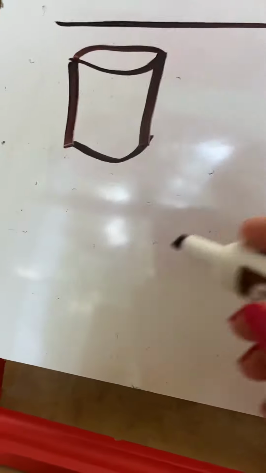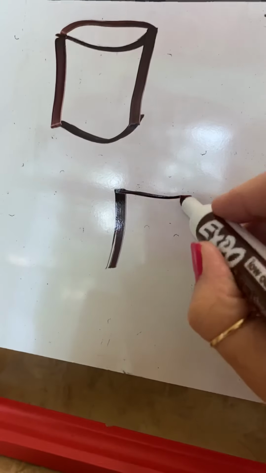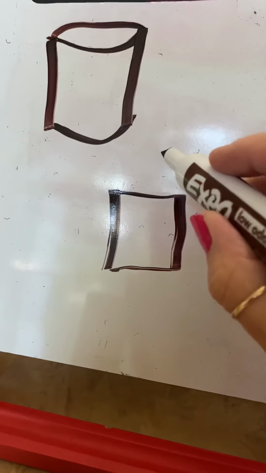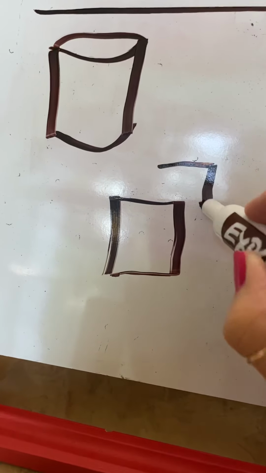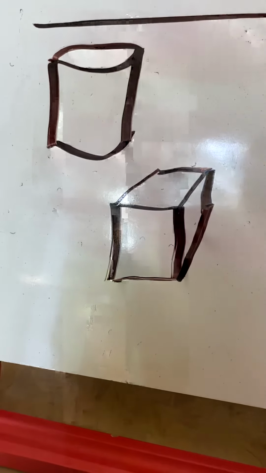Now a cube is a little more complex. I always get them to draw a square. And then behind the square, you go back and make like an upside down L. Not as long as the front, not as long as that side. Then center to center, bottom to bottom, and top to top.